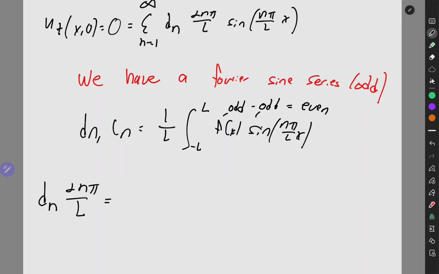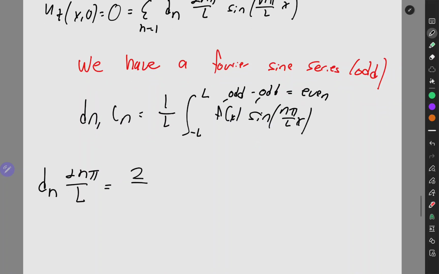That is equal to 2 over L, because if you go from 0 to L, this is an even. Oh yes, because it's the integral of an even. Oh my god, I'm looking at this, it's odd. I forgot. Yeah, 2 over L from 0 to L, f of x times sine of n pi over L x.